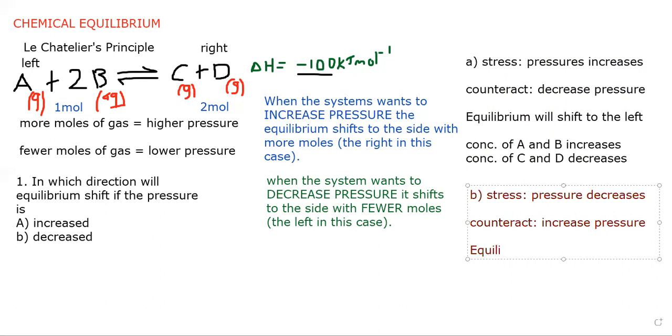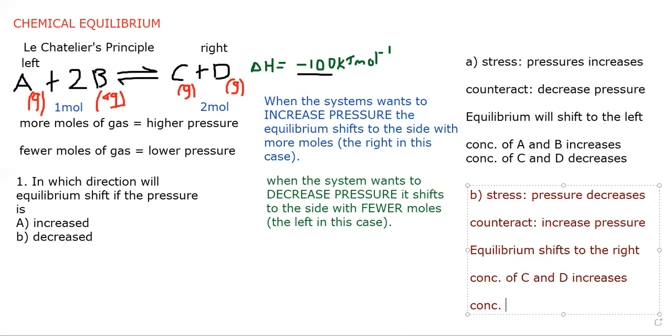So equilibrium shifts to the right. If it shifts to the right, the concentration of C and D will increase as a result, and the concentration of A and B decreases.